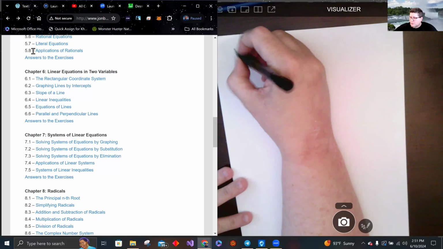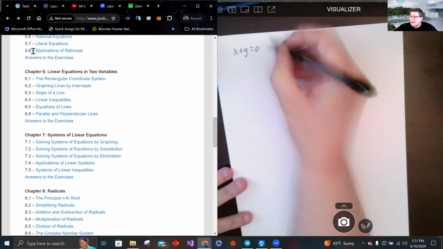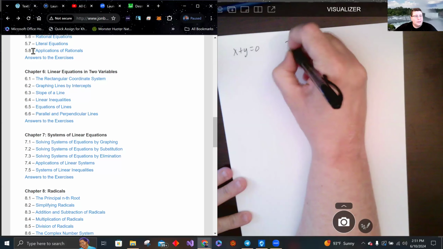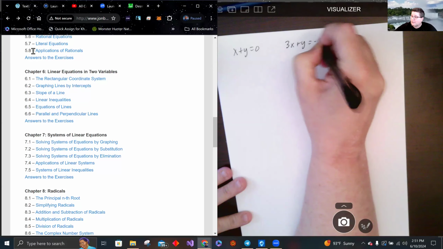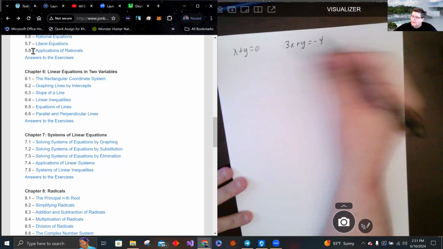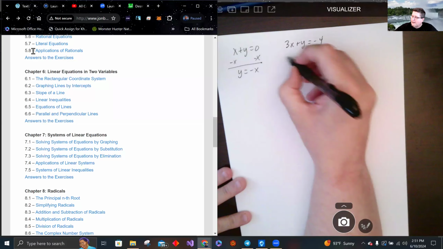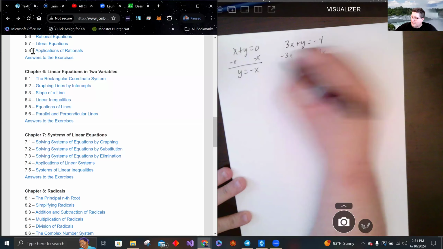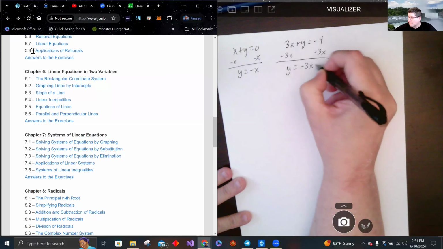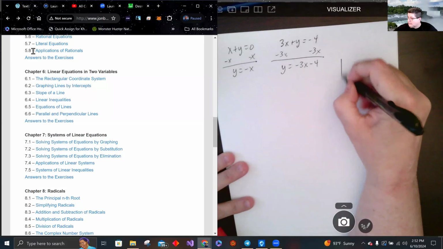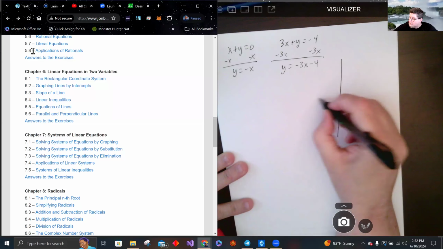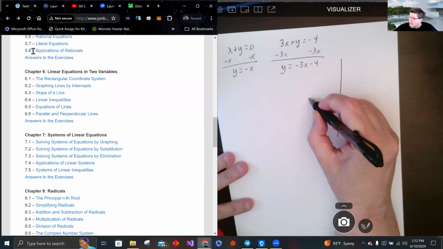We can do x plus y equals 0 and 3x plus y equals -4. So if I solve for y, I get y equals -x. And if I solve for y here, I get y equals -3x minus 4. I have no idea where these are going to cross.